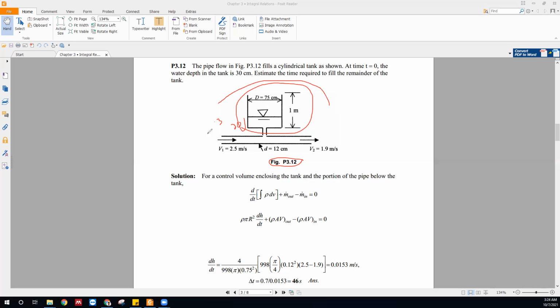If we think about this system, then whatever is coming in should go out, or there should be some accumulation inside this tank. That's the time derivative term, d/dt of rho dV.